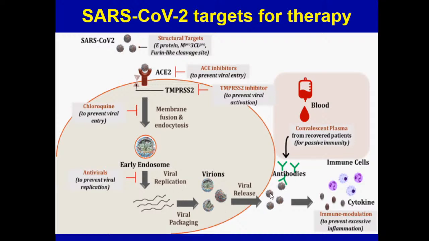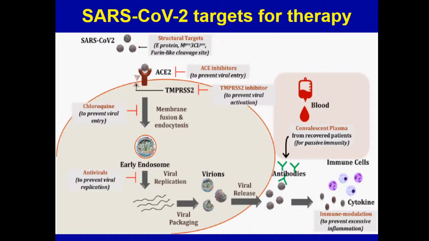Then by now we don't see or we don't have any pronounced strategies to block the viral packaging or the viral release. But once the viruses are released, of course, the strategy to neutralize the virus with antibodies looks very promising.